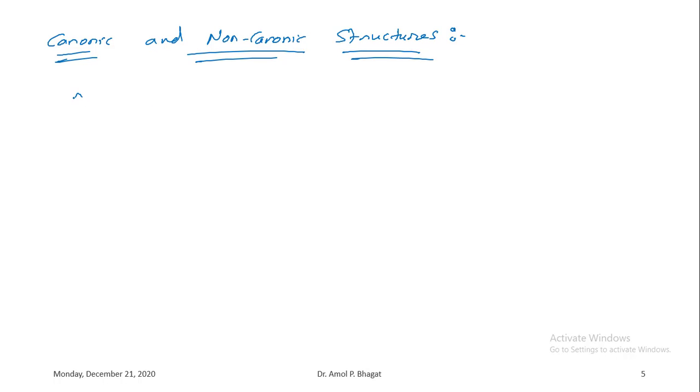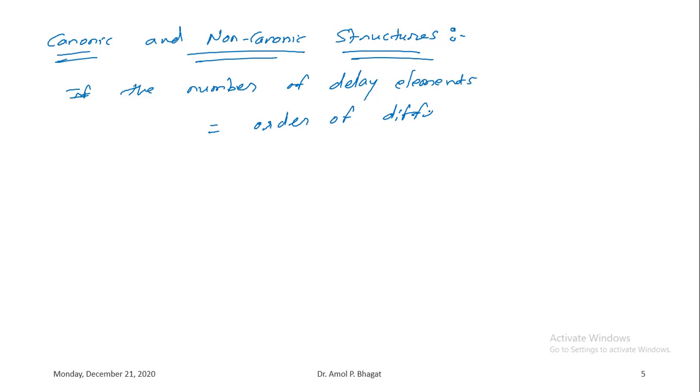Okay, so if the number of delay elements or blocks is equal to the order of the difference equation, or system function or transfer function, right, then that structure will be called as what? Canonic, otherwise it will be non-canonic.